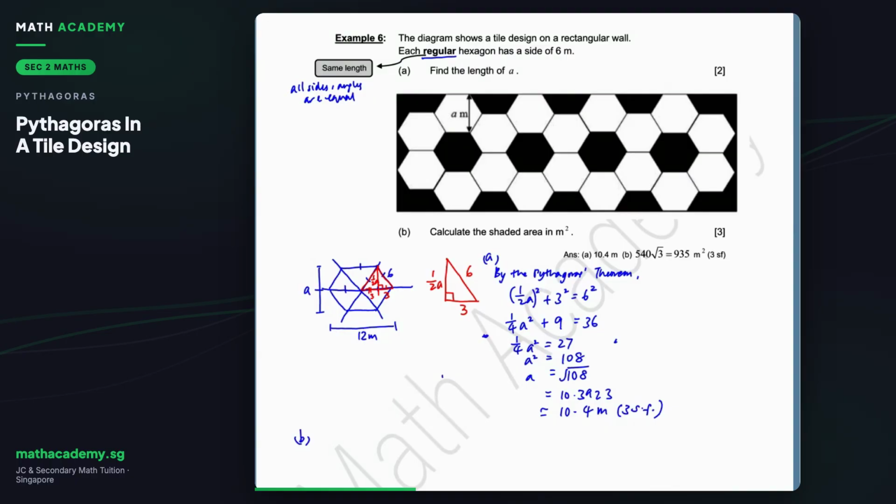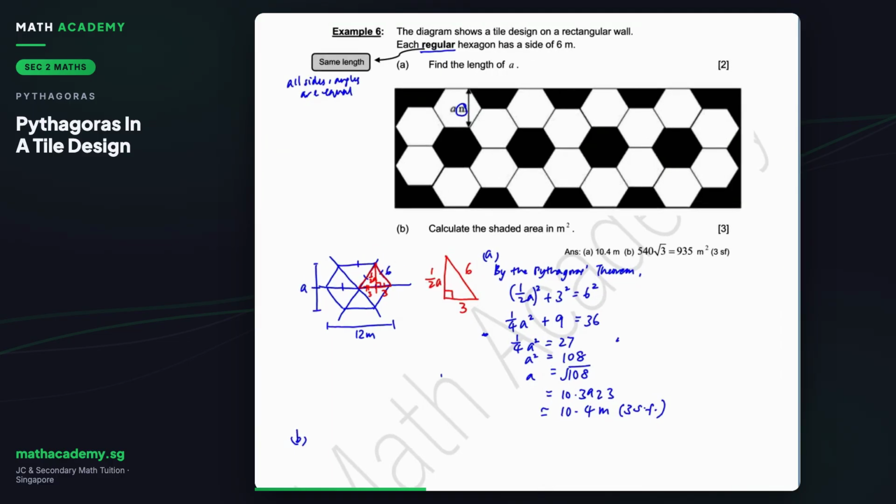Part B, you're asked to calculate the shaded area in square meters. We are already using meters, so we do not need to do any conversion. So to find the shaded area, our plan would be to take the area of the rectangle minus away all the unshaded parts, which is the unshaded hexagons.